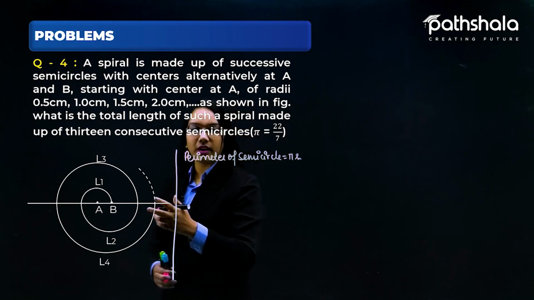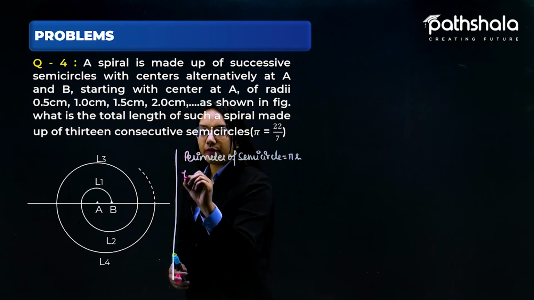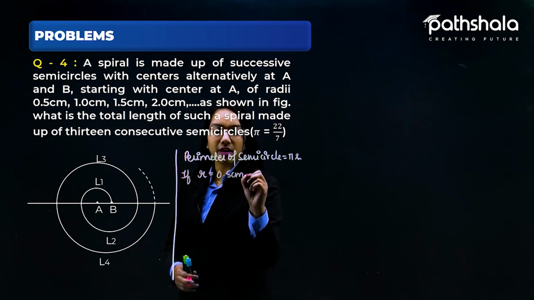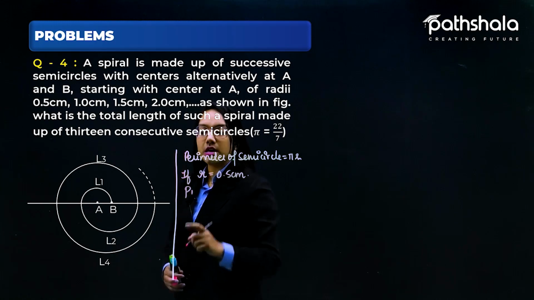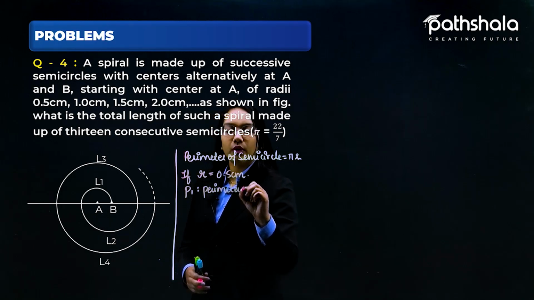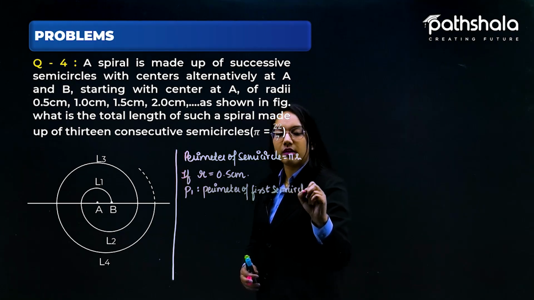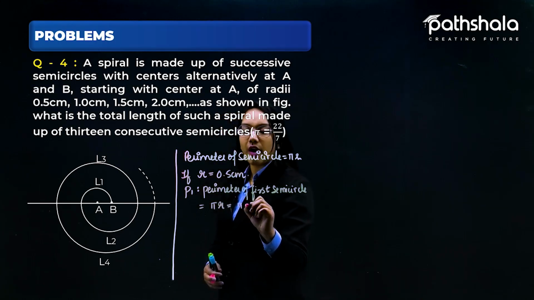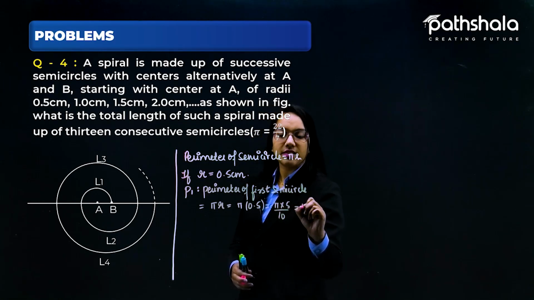So let us suppose I am starting with the very first semicircle having the radius 0.5 centimeter. Then the perimeter for the first semicircle, let us take it as P1, would be pi r, and the value of r is 0.5, so we can write it as pi into 5/10, which is equal to pi/2.